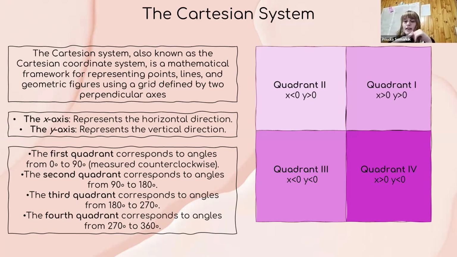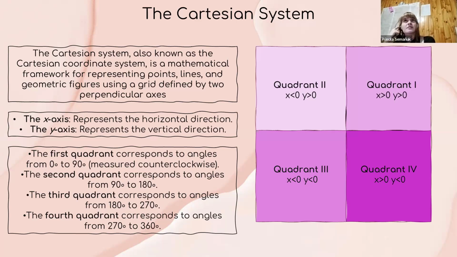And the way that we divide this plane is in 90-degree angles. So the first quadrant, here I have it, will be x bigger than 0, and y bigger than 0, which means that everything is a positive number, okay?